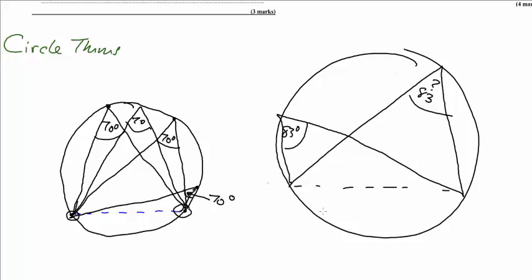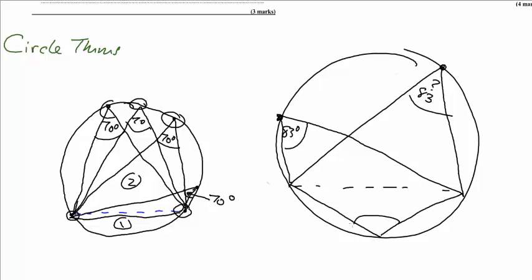Now here's another kicker. Notice all this time I've been going from this chord, all the other points have been here, here, here, basically on this side, because the chord cuts the circle into two pieces, piece 1 and piece 2. We've been doing this, and this was in piece 1, this was in piece 1. What would this one be? Any idea? You might want to guess 83, but you'd be wrong.